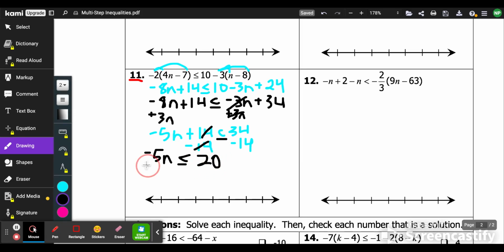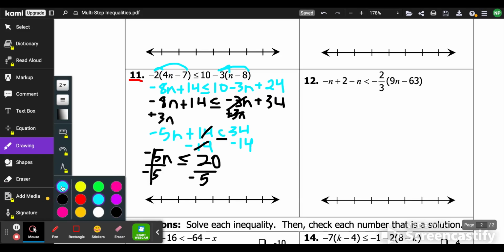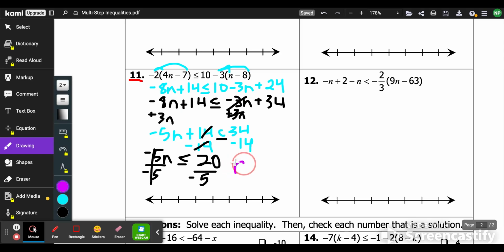Okay, so then we're dividing by negative. So you should already have in your head what's going to happen when you divide by that negative. What is it that happens when we divide by that negative? So n, what happens to the sign when we divide by negative? It flips.